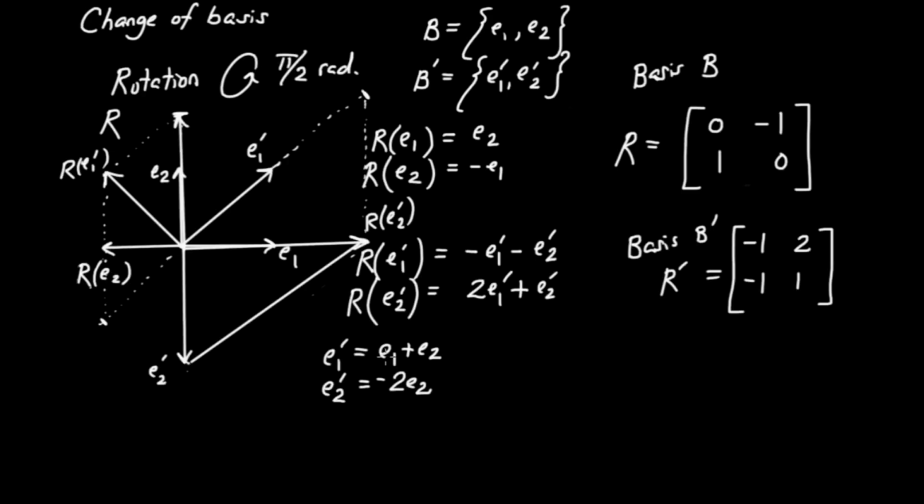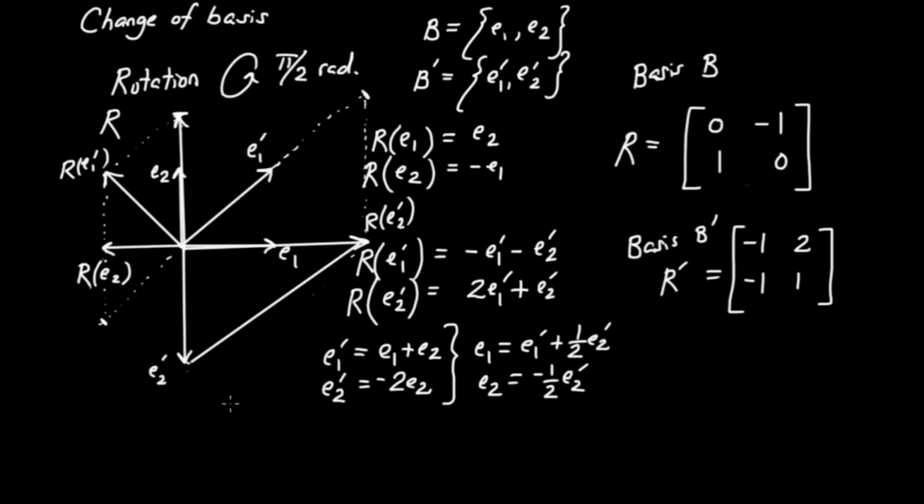So those are relations between the primed basis and the unprimed basis. And if you just do a little rearranging here, you'll see that this system is equal to E1 equals E1 prime plus 1/2 E2 prime, and E2 is equal to minus 1/2 E2 prime.